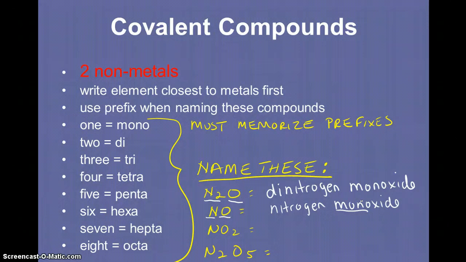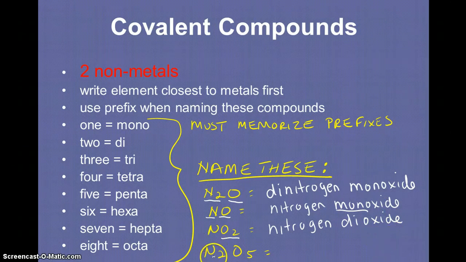Nitrogen, there was only 1, we'll leave it at nitrogen. Let's try another. Here there's 2 oxygen, so I know I have to use the prefix di because all of these are covalent compounds, 2 nonmetals. So this one would be nitrogen, now we say dioxide, still ending in ide.